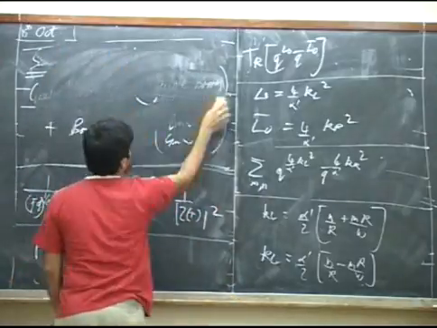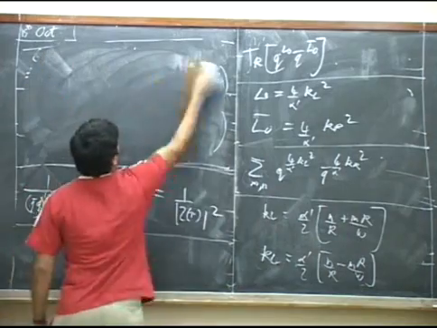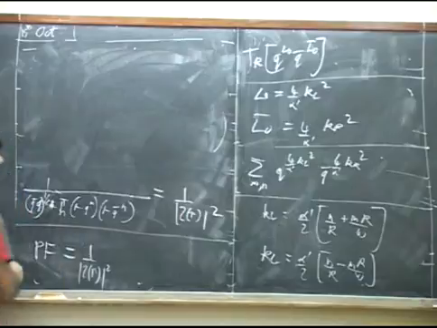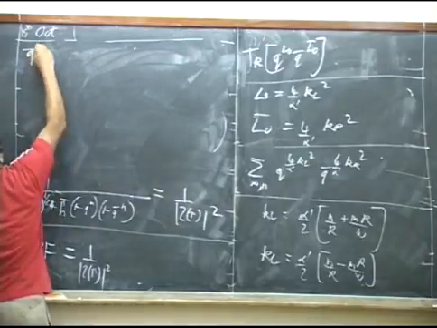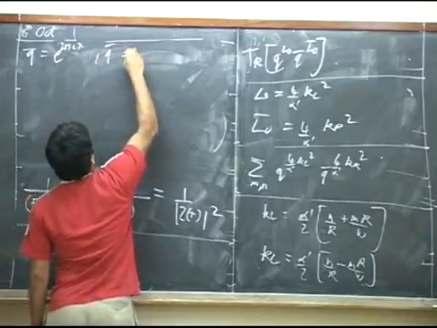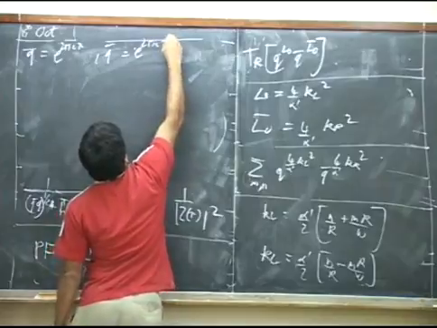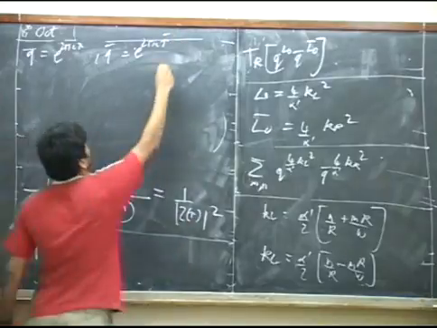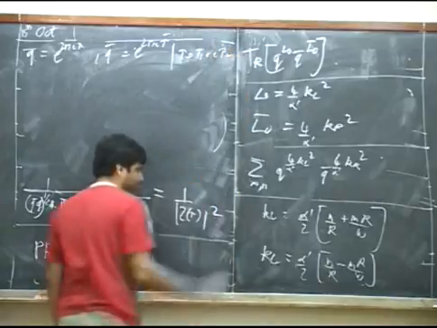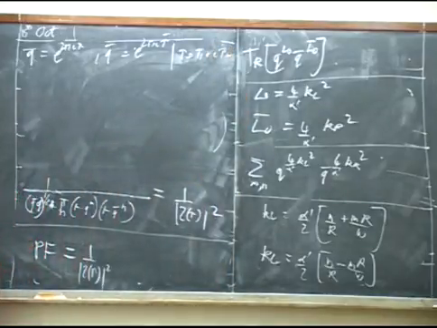Now, let's remind ourselves also that q is equal to e to the power 2 pi i tau, and q bar is equal to e to the power minus 2 pi i tau bar, and tau is equal to tau 1 plus i tau 2.